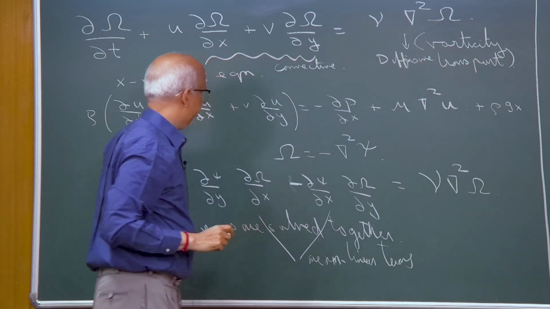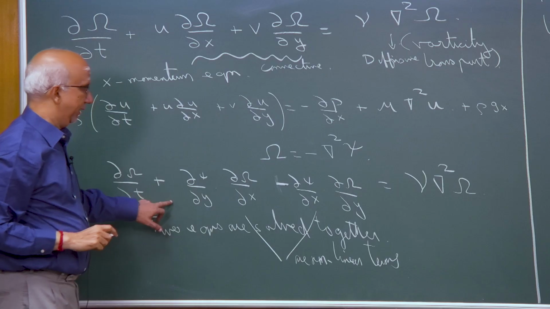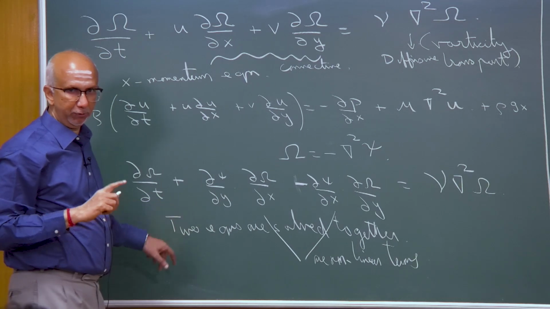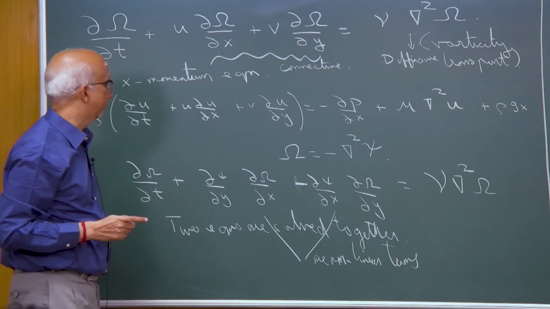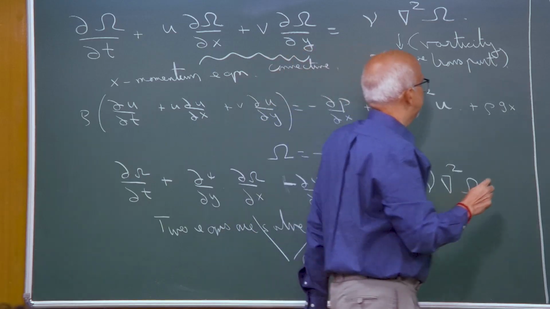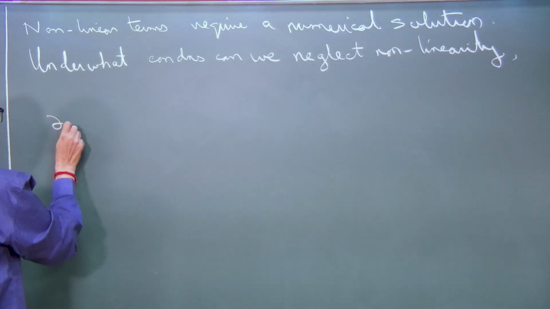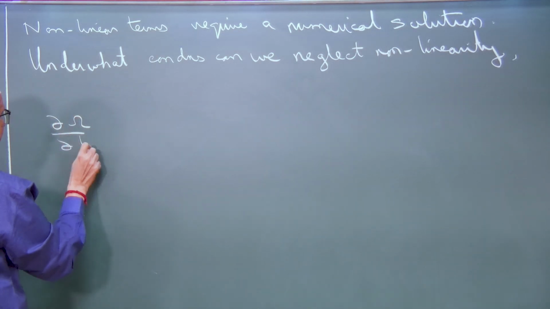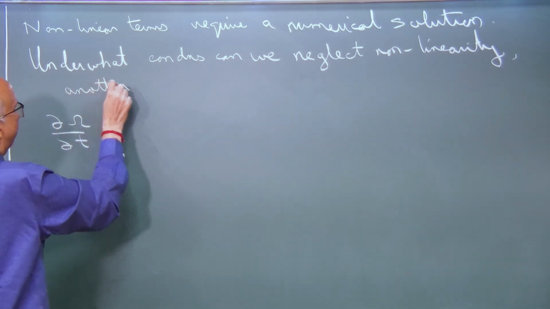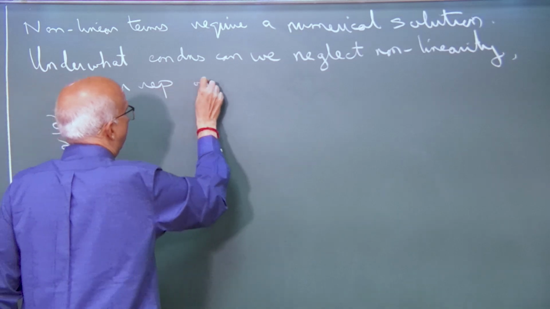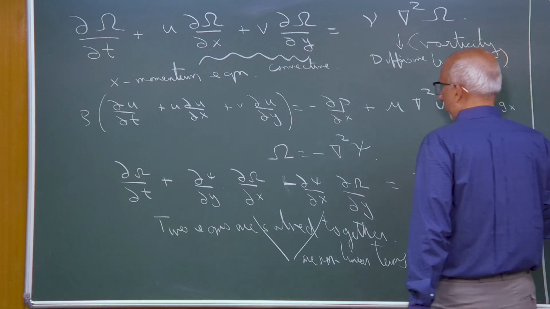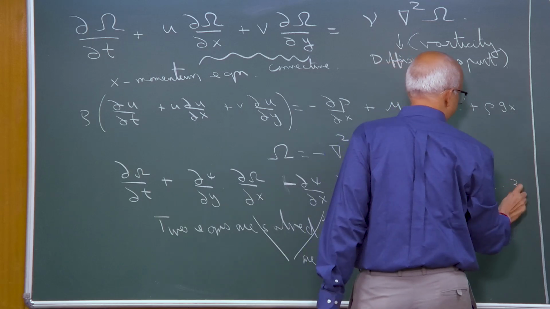Before I proceed further, you might see in some books this particular vorticity transport equation written in a different form. For example, this may be written as d omega by dt, another representation of, let us say, equation 3. Although I did not put 1 and 2, I am just going to call this equation 3.